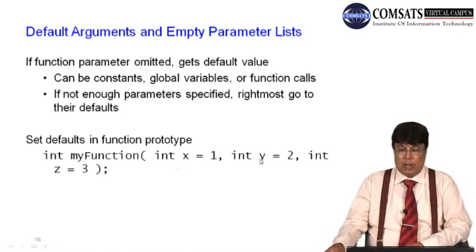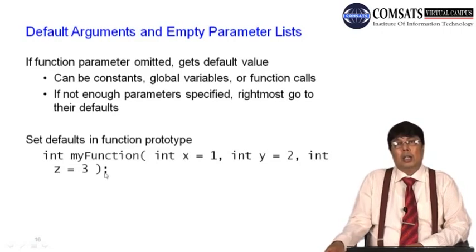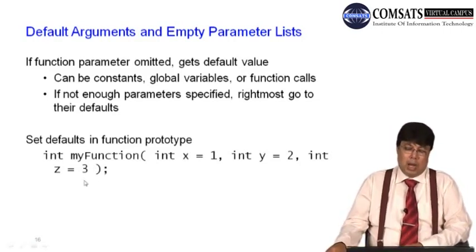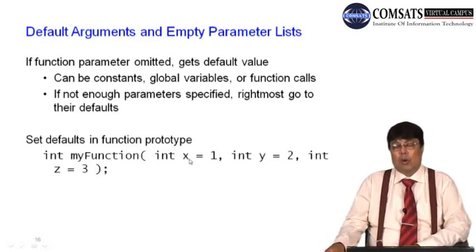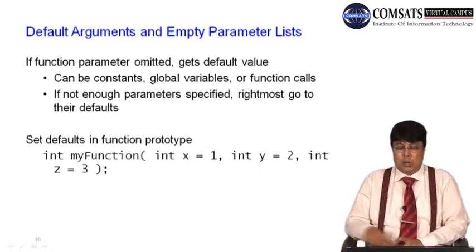Integer x = 1, y = 2, integer z = 3. If you are only passing x, then y and z are the default arguments that will be picked up by the system automatically. And if you don't want to use the first argument and want to use the second argument as a default, simply use this comma.